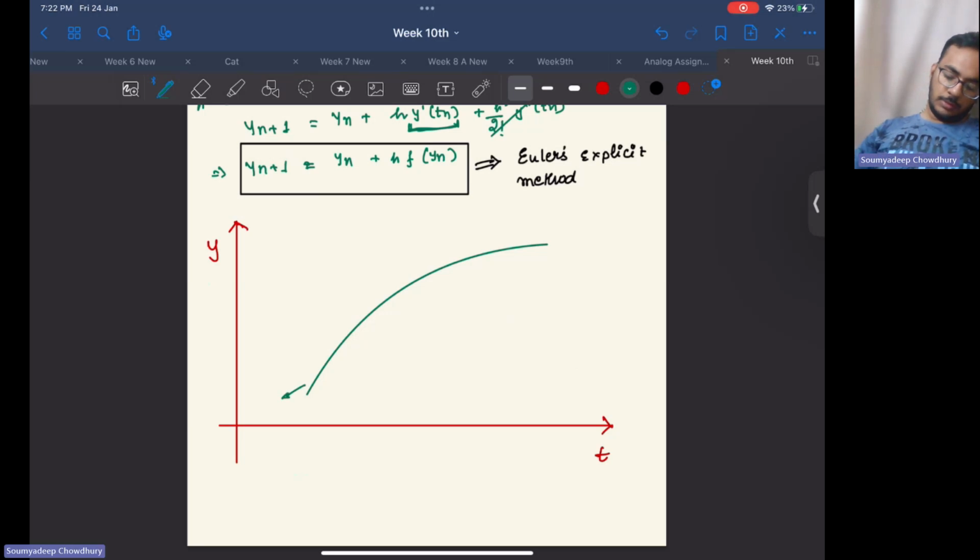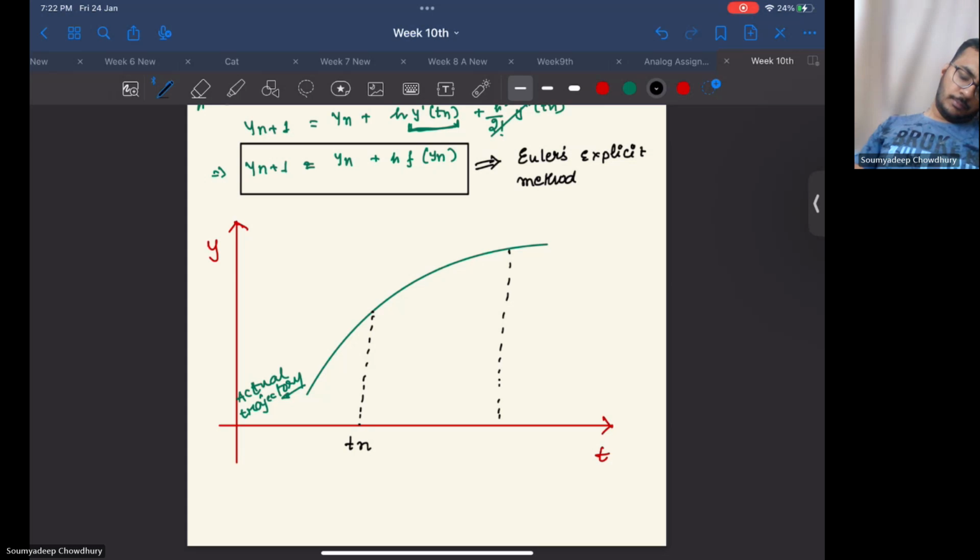Write it as actual trajectory. Now I will point out this time instance, say this is my Tn and this is my Tn plus 1.